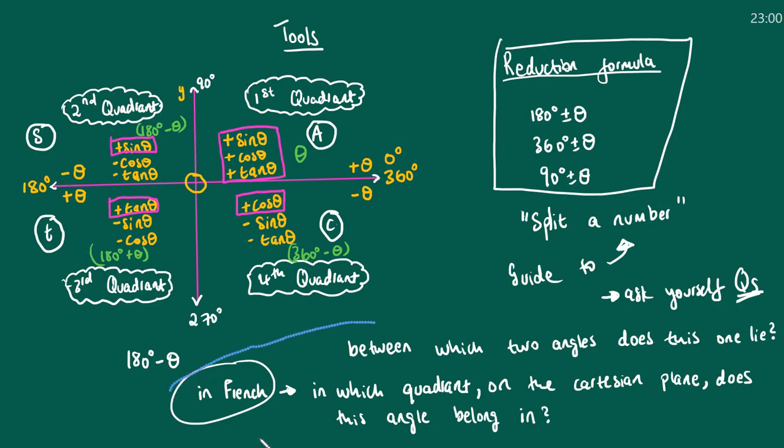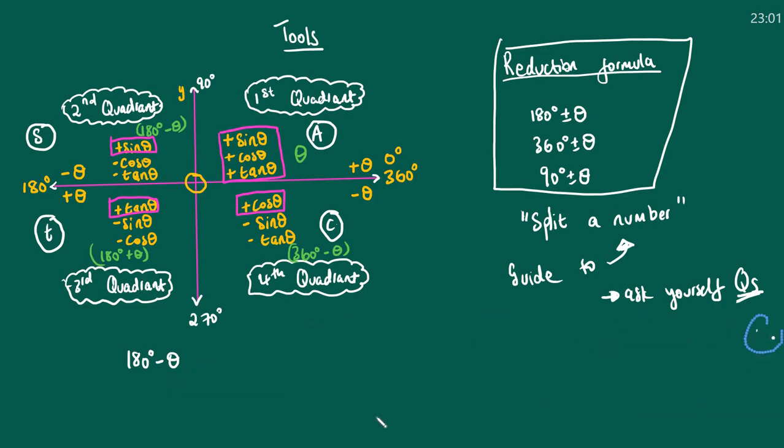Let's talk numbers. Sometimes words can be very troublesome. When we talk numbers, here you are presented with 150 degrees. You still ask yourself this question: in which quadrant does this angle belong in?